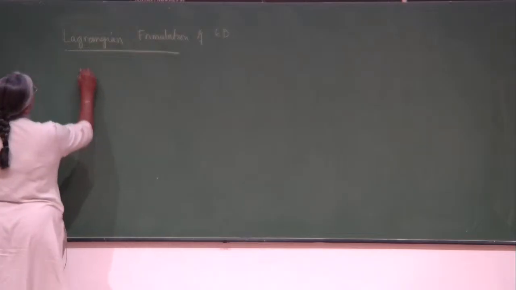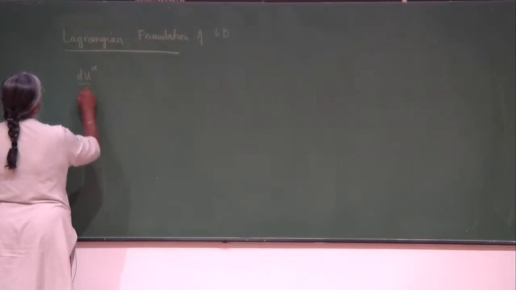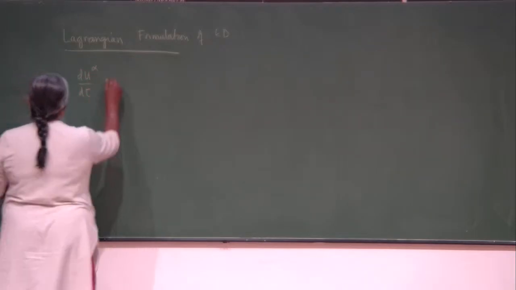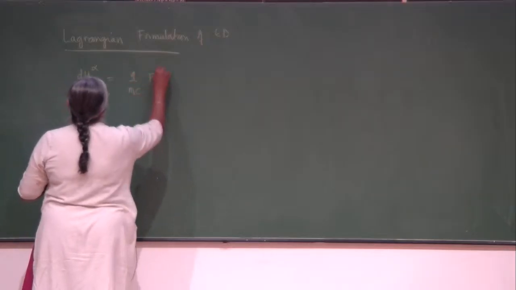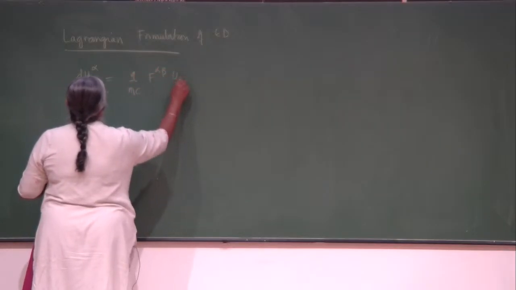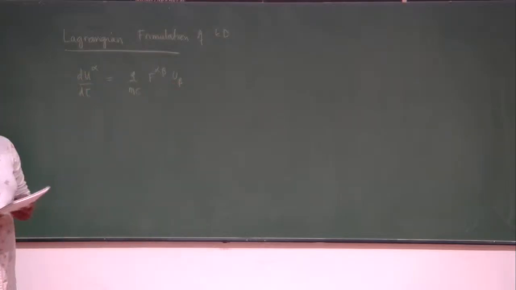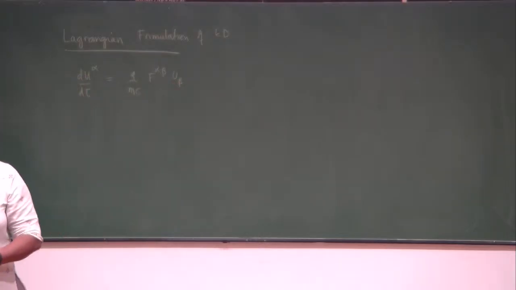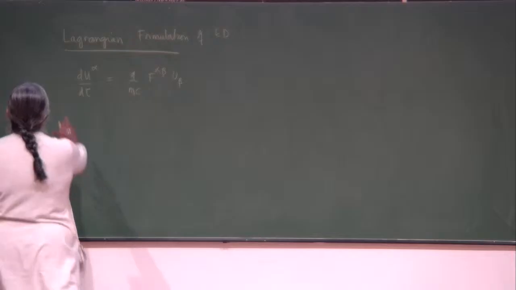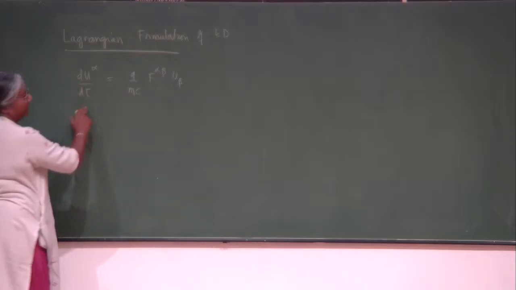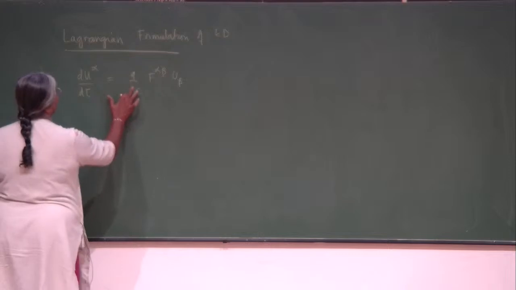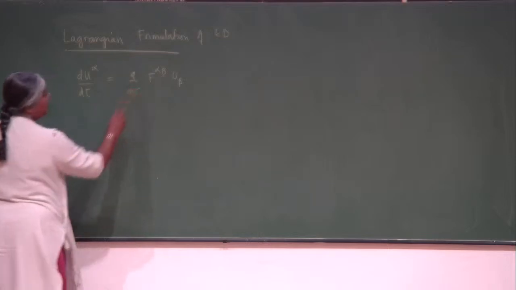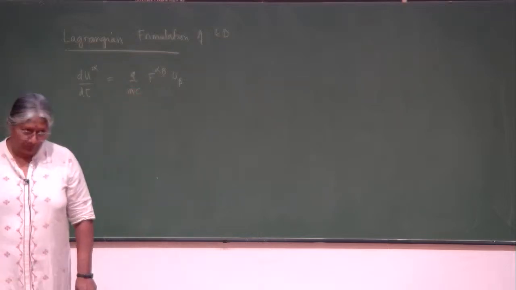So what do we want then? You want to get the equation. This equation we have now seen 100 times. What have I done? Earlier I had put the m on this side and I had called it dp alpha by d tau, right? If you want, I can still call it dp alpha by d tau, but the Lagrangian is a function of q's and q dots and not of p.